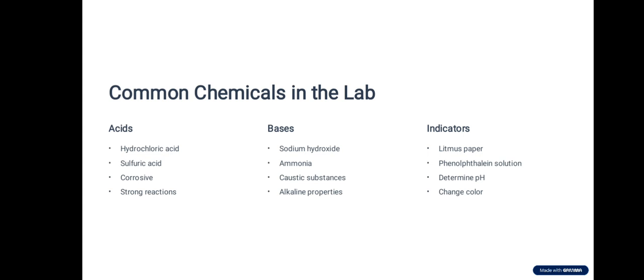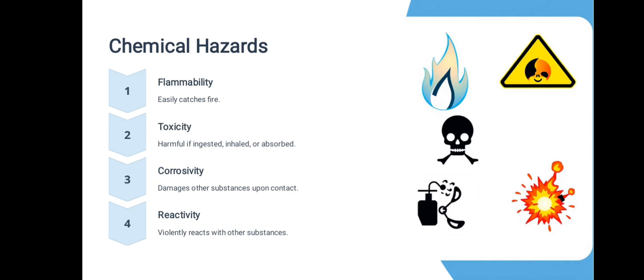While for the bases, we have sodium hydroxide and ammonia: caustic substances with alkaline properties. While for the indicators, we have litmus paper and phenolphthalein solution, which determine pH and change color.